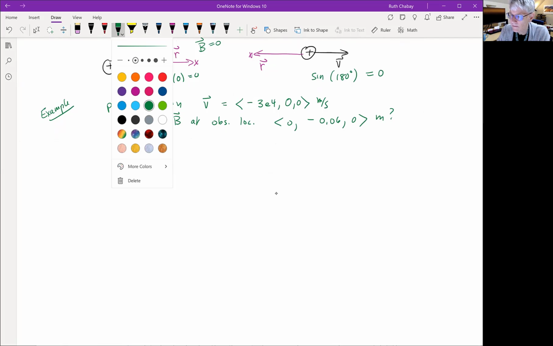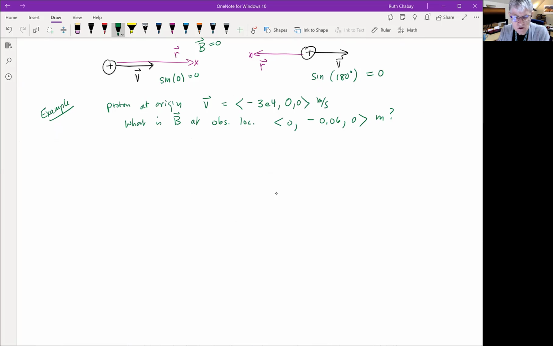So the magnitude of the magnetic field is just going to be the magnitude of mu 0 over 4 pi times... so let's write down the Biot-Savart law, which you probably haven't memorized yet. The Biot-Savart law is the magnetic field is mu 0 over 4 pi QV cross r hat over r squared.